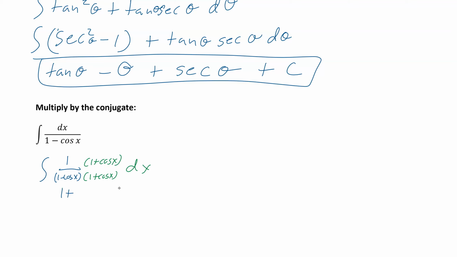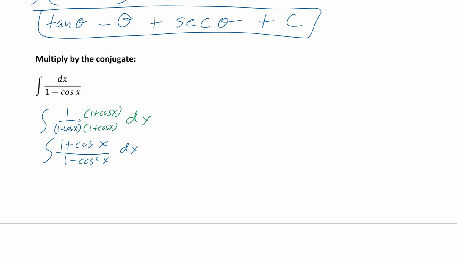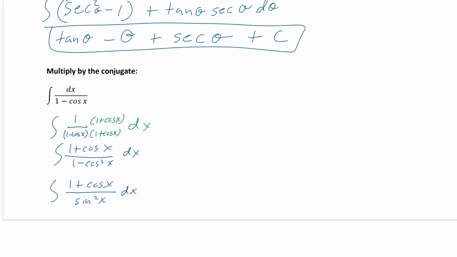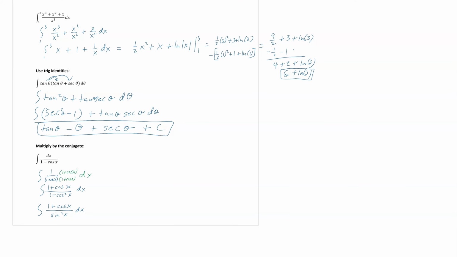So this becomes 1 plus cosine x over 1 minus cosine squared x. And if you remember what that is, it's sine squared. So we get 1 plus cosine x over sine squared x dx. And then now this allows us to use what we did before, which is that distribution.